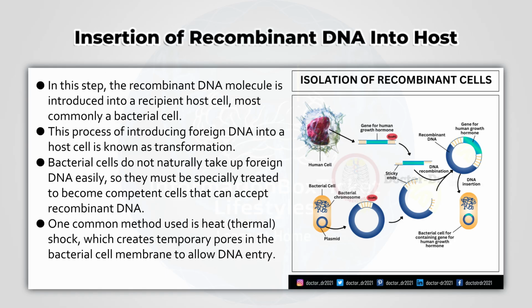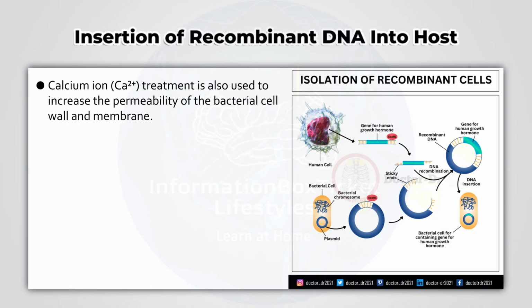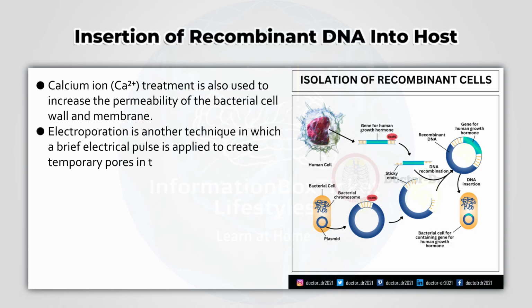One common method used is heat, or thermal shock, which creates temporary pores in the bacterial cell membrane to allow DNA entry. Calcium ion, Ca2+, treatment is also used to increase the permeability of the bacterial cell wall and membrane.